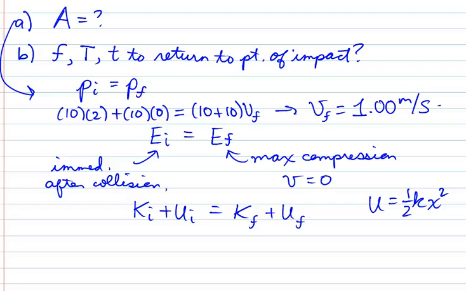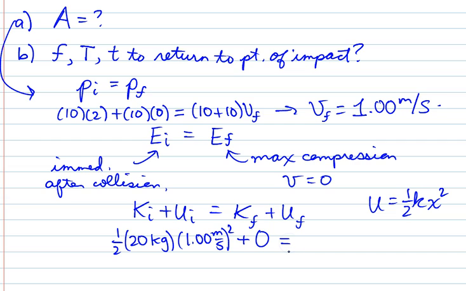The starting kinetic energy is 1/2 times 20 kilograms times 1 meter per second squared, and the starting potential will be 0 because the spring is unstretched. The final kinetic will be 0, so these two quantities go to 0, and the final potential will be 1/2 kx squared.